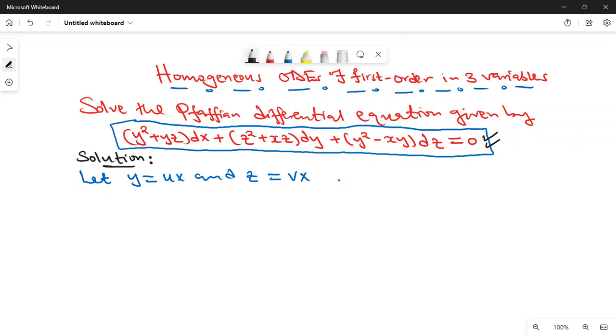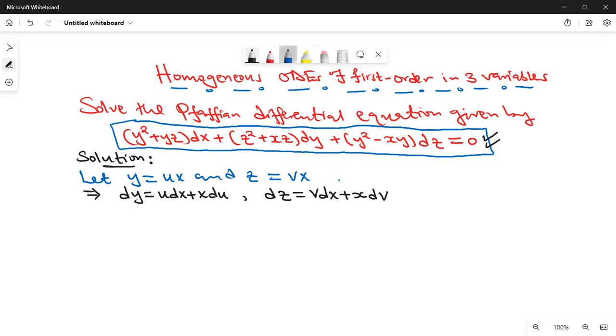With this substitution, we also need to know the corresponding differentials. When you differentiate y using product rule, you keep u constant to differentiate x, plus keep x constant to differentiate u. Similarly, the derivative of z, product rule again, keep v constant to differentiate x, plus keep x constant, differentiate v. So we make this substitution into the given ODE.